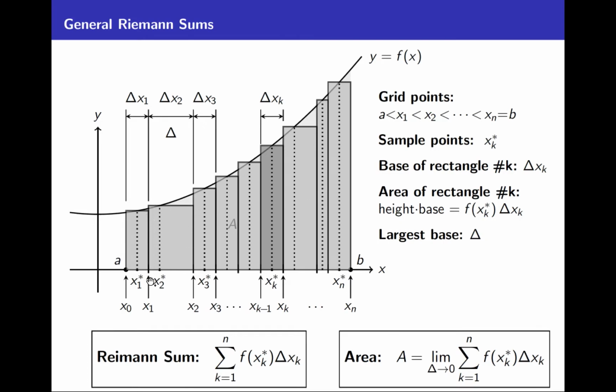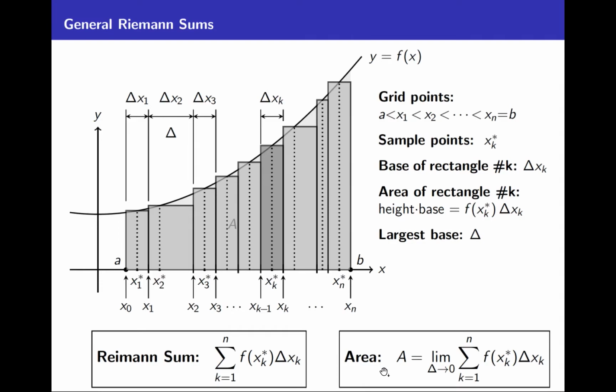You want to rule out that. So what you're going to demand here in this limit is that delta approaches 0. And if you think about it, if the width of your thickest rectangle is getting smaller and smaller, you've got to have more and more rectangles in there to fill up that interval. So that forces the number of rectangles to go to infinity.